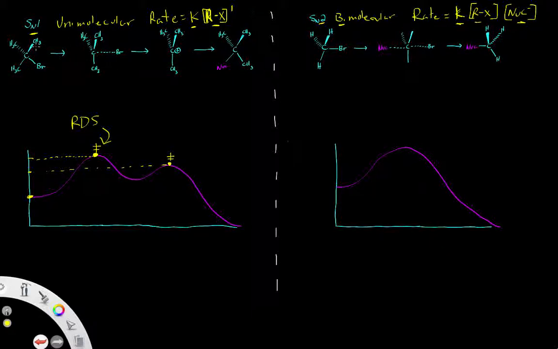Now I specifically made this carbon a tertiary carbon, and I did that because we want this carbocation to be stable, and remember, we can stabilize a carbocation through hyperconjugation, and so that's what we are going to do with these three carbons attached. And so why does the bromine just get knocked off? I mean, isn't that energetically unfavorable?